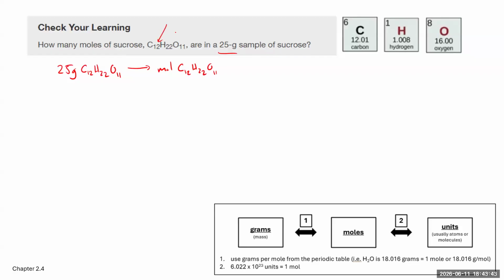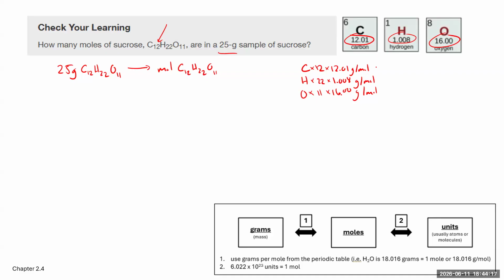Here we have carbon, we have 12 atoms. Each of those carbons are, on the periodic table, 12.01 grams per mole. Hydrogen, we have 22. Each hydrogen is 1.008 grams per mole. Oxygen, we have 11. Each of those is 16.00 grams per mole.